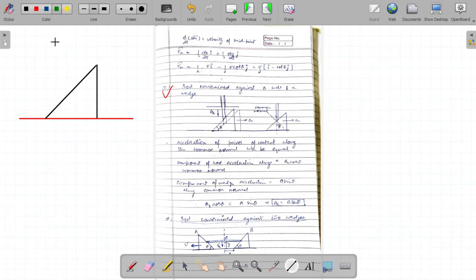This is the wedge, and we have a rod which is blunt at one end, at the angle which is the same as the angle of inclination of the wedge. So basically the rod can freely slide against the wedge, and that is the idea.